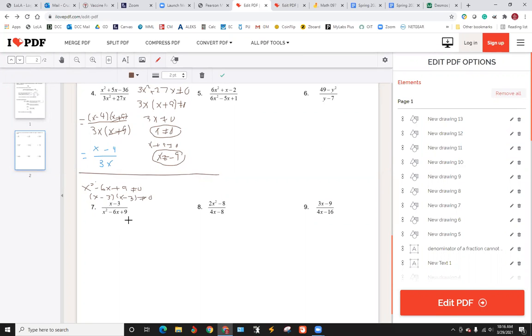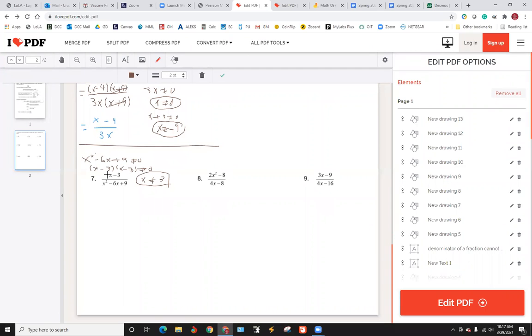So it's just basically x can't be equal to 3. And you can see if you put a 3 in there, 3 squared is 9. And negative 6 times 3 is 18. So 9 and 9 is 18, minus 18 gives you 0. So that's the part. Do that first.